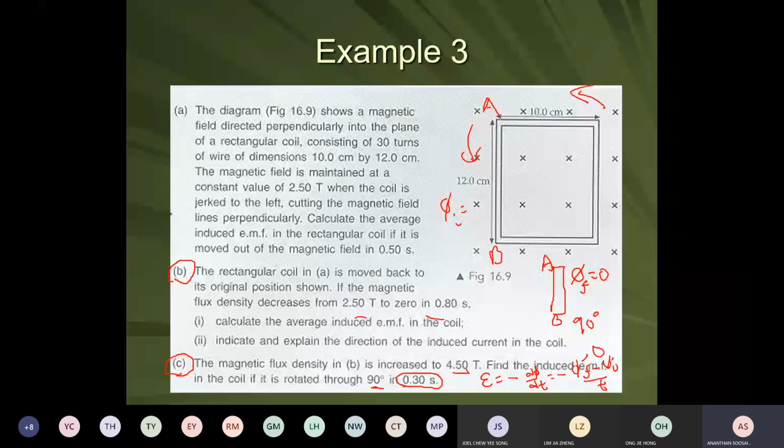The coil experiences changes in magnetic flux, so the coil induces EMF, and because it's a closed loop, current starts to flow. So you get electricity. But whatever it is, if you want to get EMF, you must change the magnetic flux linkage.